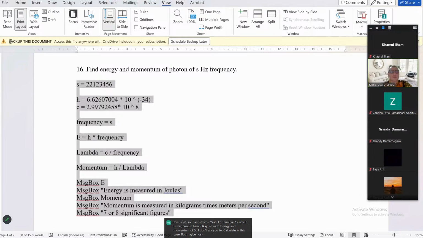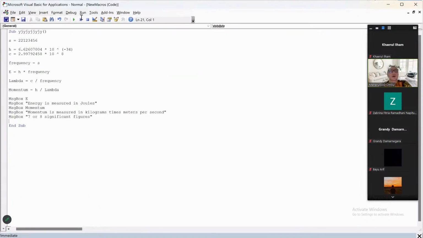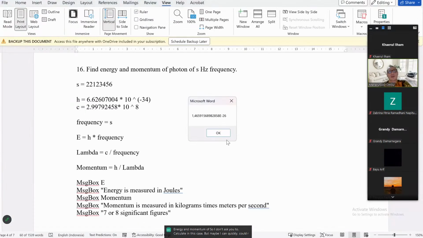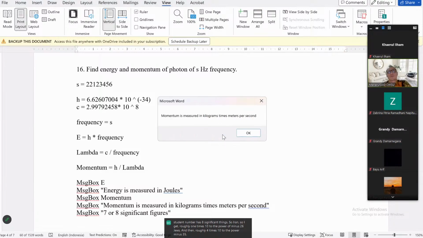In my case, 8 significant figures, because my student number has 8 significant figures. So I run, and I get roughly 1 times 10 to the power of minus 26 joules, and roughly 4 times 10 to the power of minus 35 kilograms times meters per second for momentum, with 8 significant figures.